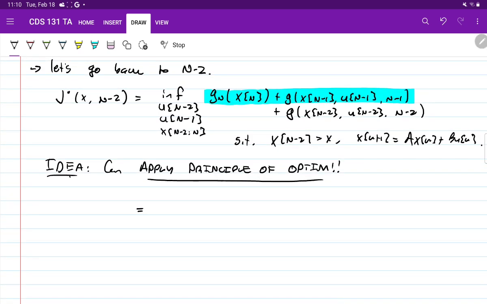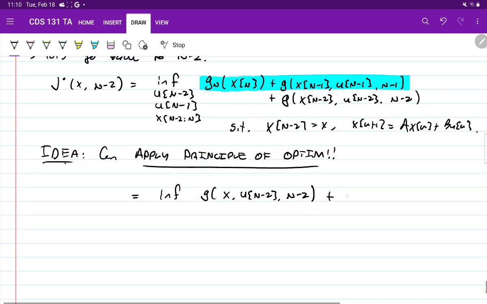So this term is in fact exactly equal to the infimum over g of x at n minus 2, which is just equal to x, right? So I'll substitute that in. u at n minus 2, n minus 2, plus my optimal value at n minus 1, by the principle of optimality.